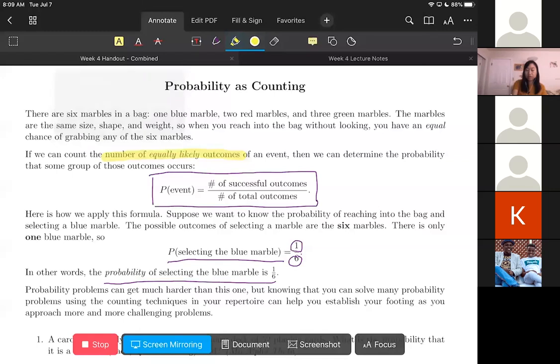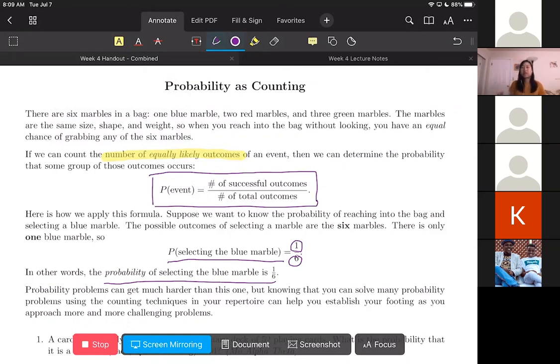In future weeks, we'll talk more about other types of problems, such as using algebra and geometry as ways to calculate probability.